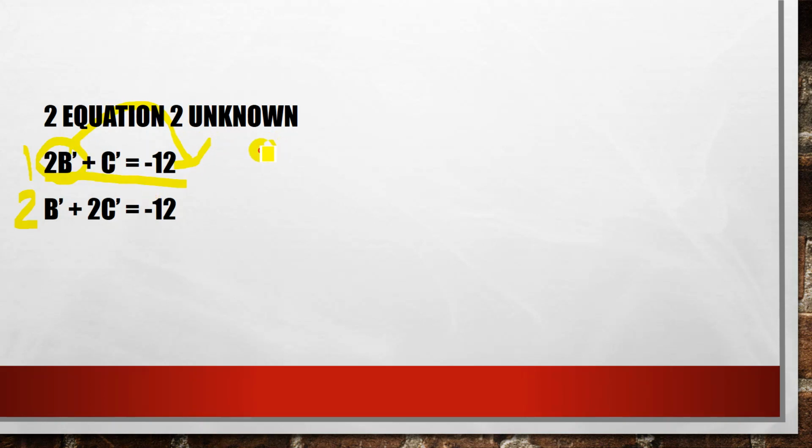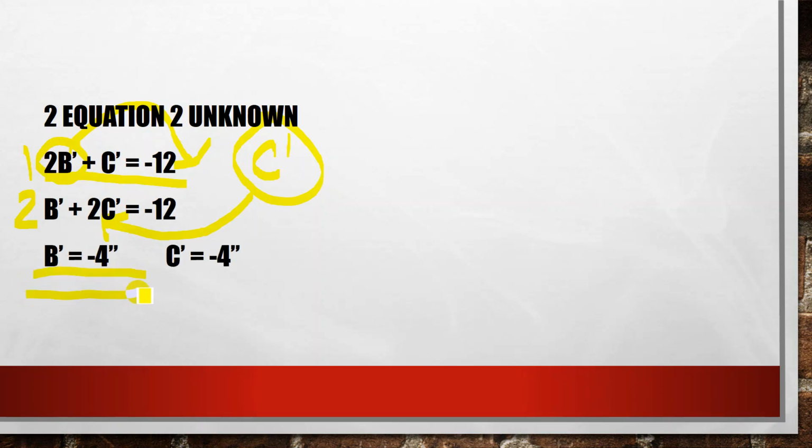Makakakuha po tayo ng value ni C prime. Pag nakakuha na tayo ng value ni C prime, isasubstitute natin yung value ni C prime dito sa equation 2. So, pagkatapos po natin gawin yun, nakakuha po tayo ng value na B prime is equal to negative 4 seconds and C prime is equal to negative 4 seconds.